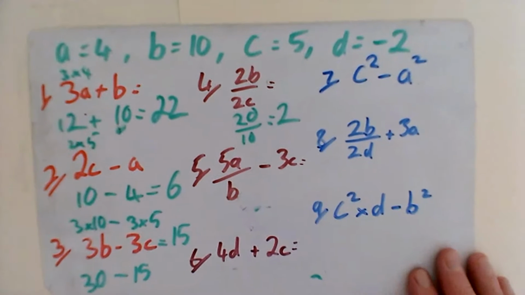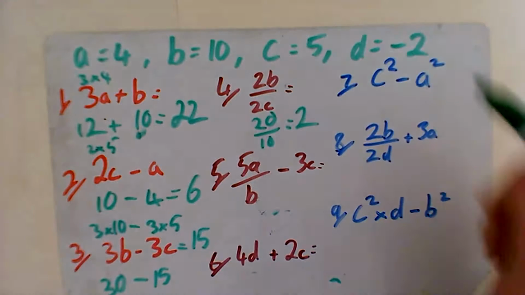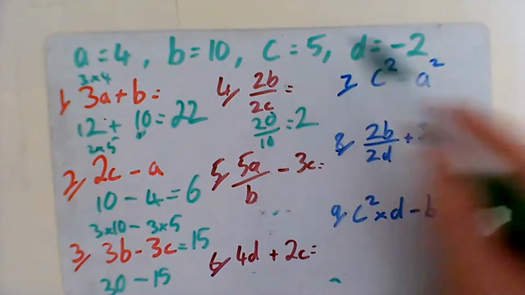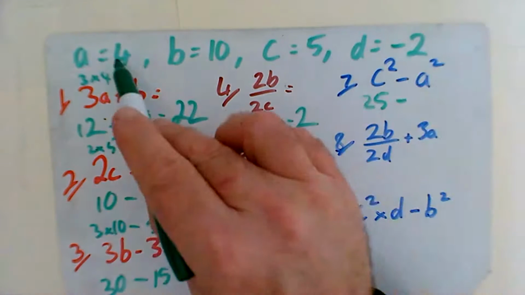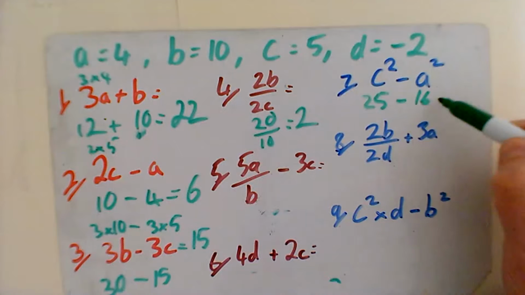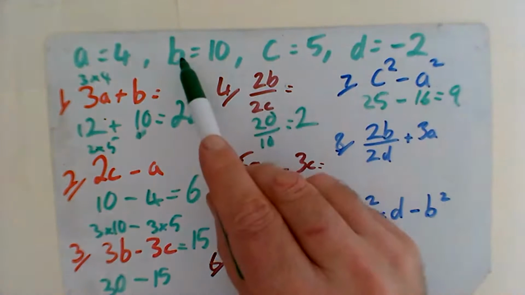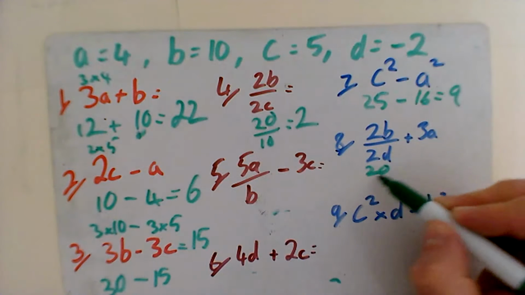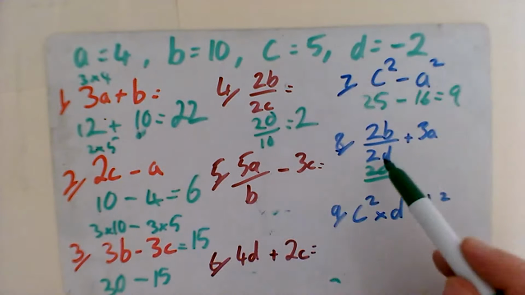Okay, let's have a little look at the last ones. C squared, 5 times 5, 25. Take away A squared, 4 times 4 is 16. Answer's 9. Then we've got 2B, 2 times 10, 20. So this becomes 20, and we put that over 2D.